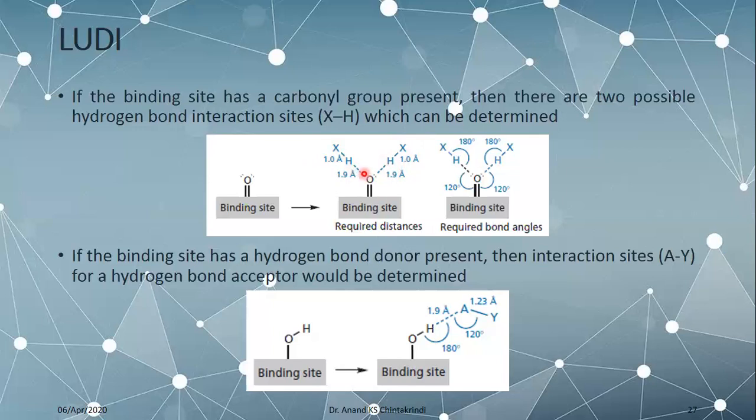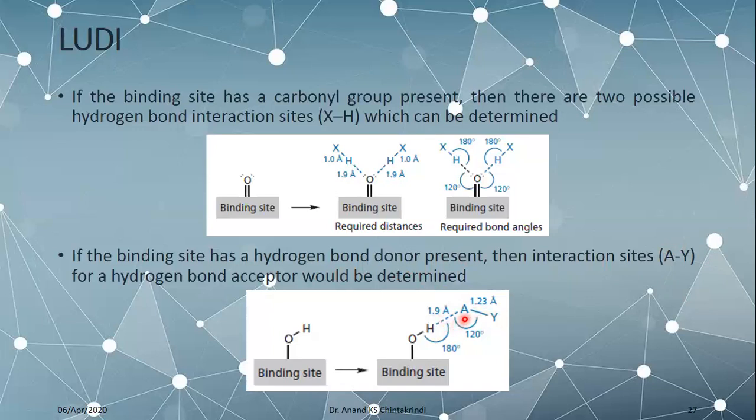This is how it is determined: by a distance of 1.9 angstrom, and it is placed at an angle of 120 degrees. And this hydrogen bond is 180 degrees. If the binding site has a hydrogen bond donor present, such as a hydroxy group, then the interaction site AY, that is a hydrogen bond acceptor, would be determined in this fashion.